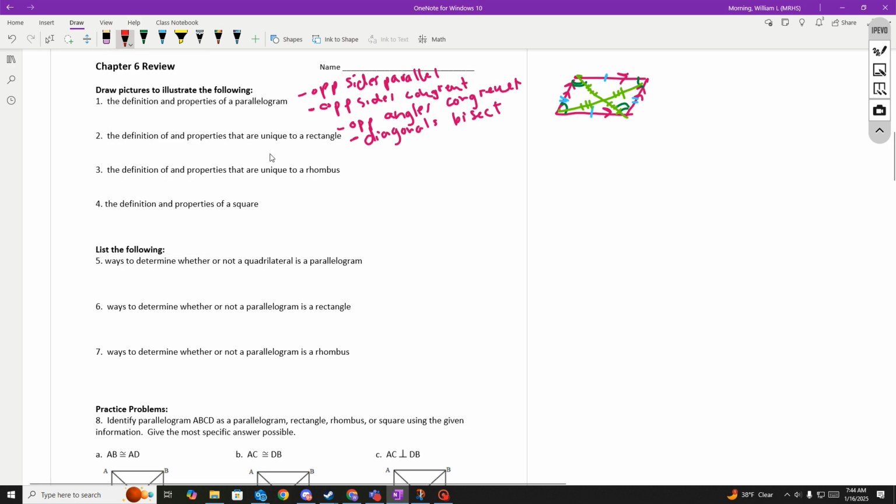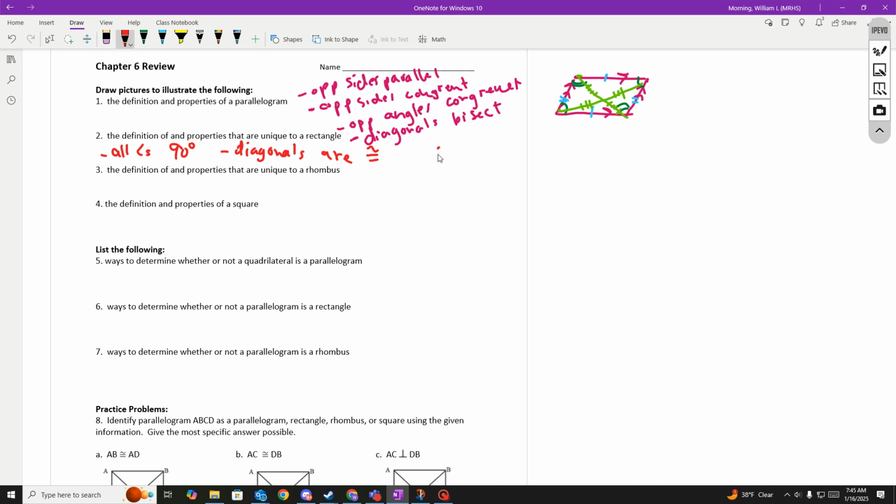Definition and properties that are unique to a rectangle. So a rectangle will have all of these properties, but then we'll have additional properties. One of the additional properties is that all the angles are 90 degrees. Another additional property is that the diagonals are congruent.